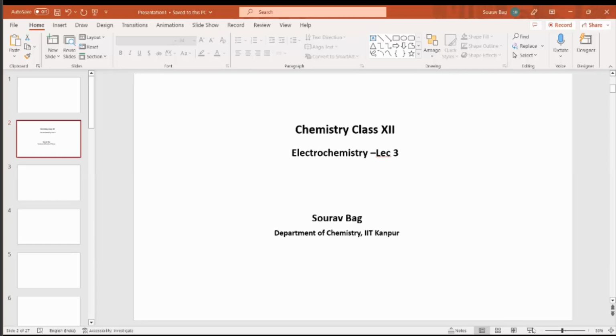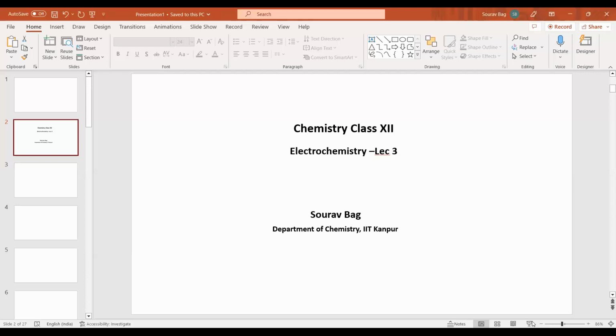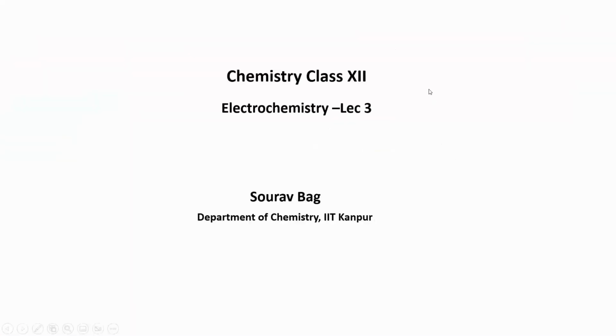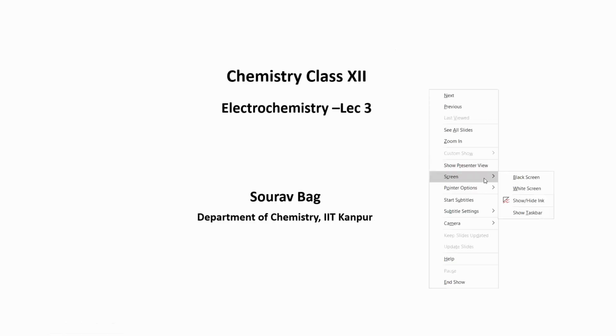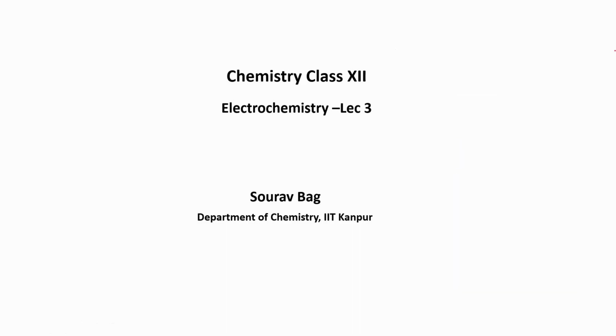Today I will discuss the electrochemistry of the third class. In this third class, we will learn about the Nernst equation and how we can derive it in various ways. There are relations between the Nernst equation and Gibbs energy, the activity terms, and also the equilibrium constant.